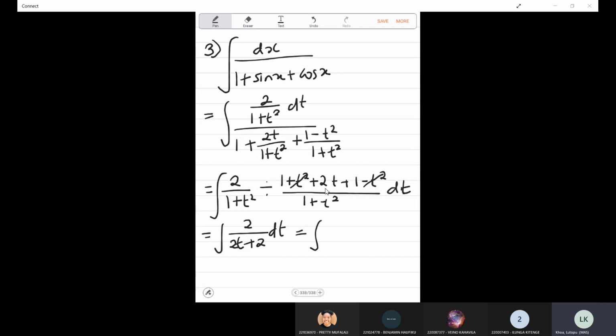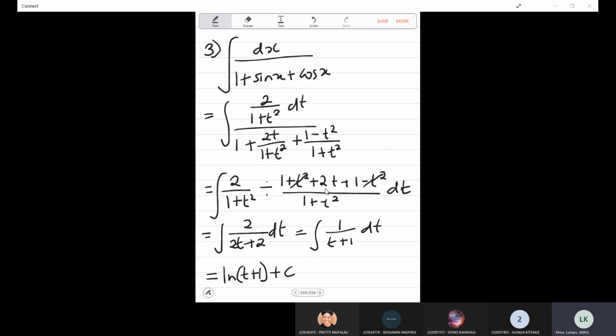This is the integral of 1 over t plus 1 dt. Okay, this one is very simple to integrate. This is just ln of t plus 1, then our constant of integration.